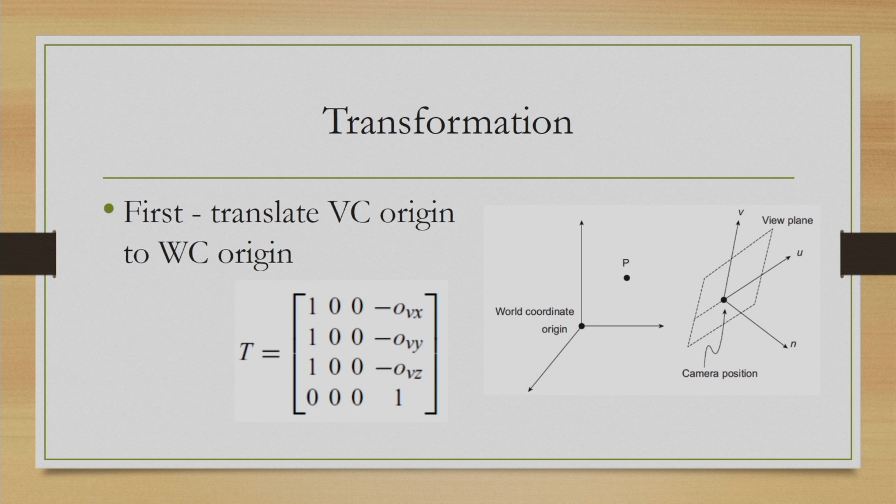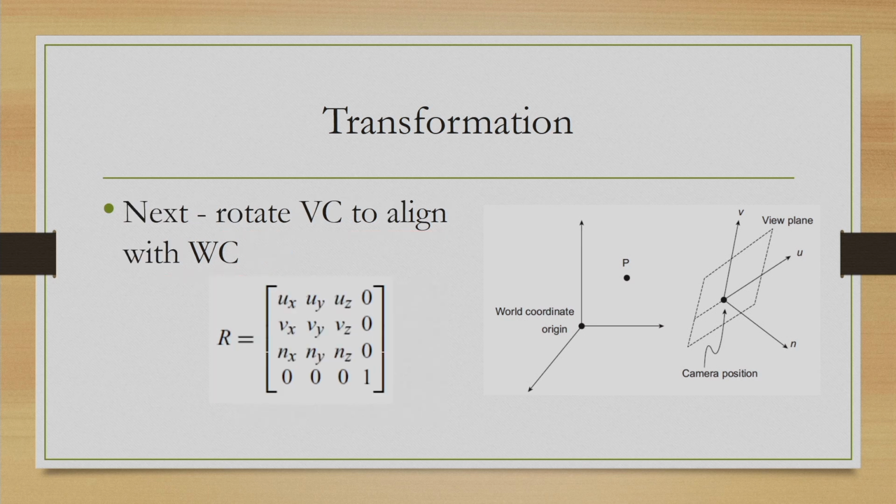Now, the first thing is we translate the VC origin to the world coordinate origin, and this is the transformation matrix, which is the same as we discussed earlier with the corresponding x, y, z values replaced here. Next is rotation.